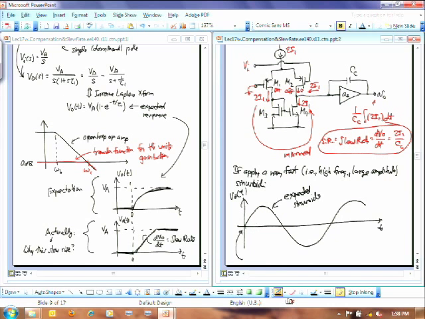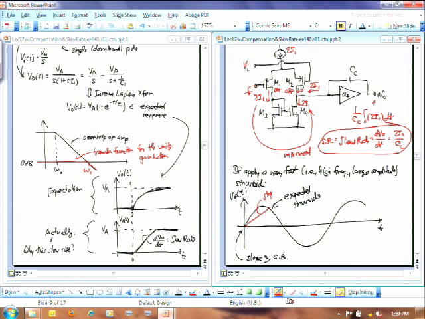And that's what that straight line is going to be. This is going to have a slope equal to your slew rate. And then once it's hit this point here, the slope of the output is no longer larger than the slew rate. So now you can follow this sinusoid. And you can follow it down.